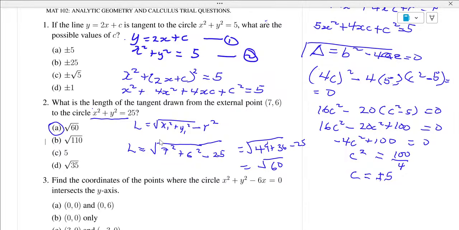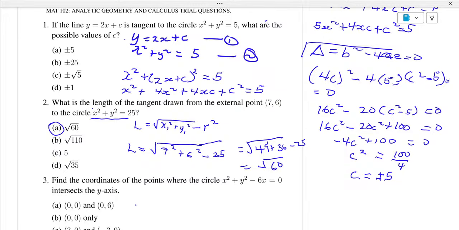All right, question 3. It says find the coordinates of points where the circle intersects with the y-axis. We are to find the coordinates of the points where the circle x squared plus y squared minus 6x equals 0 intersects with the y-axis. So how do we do that?